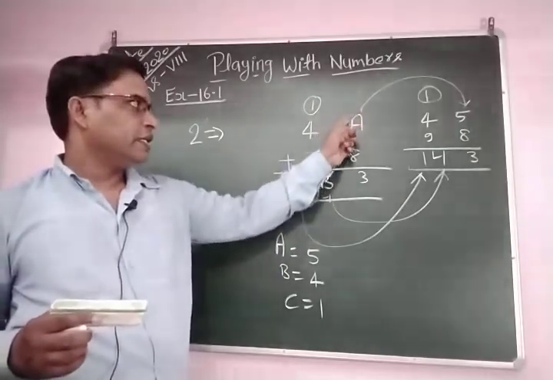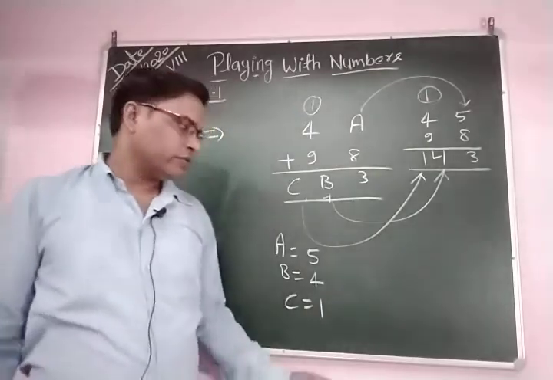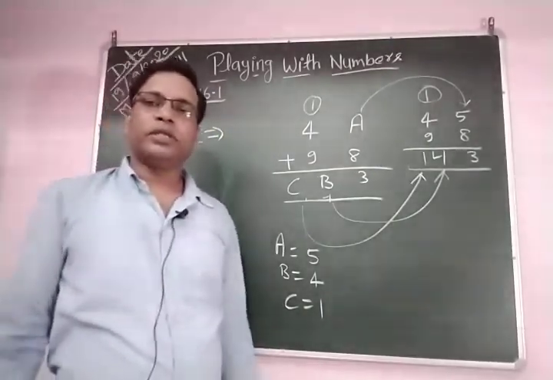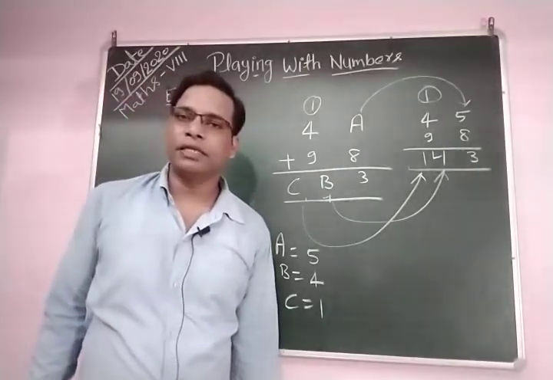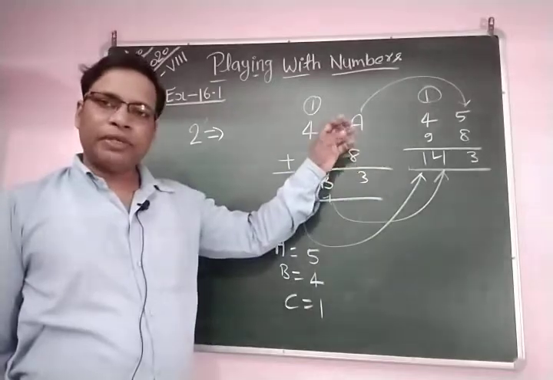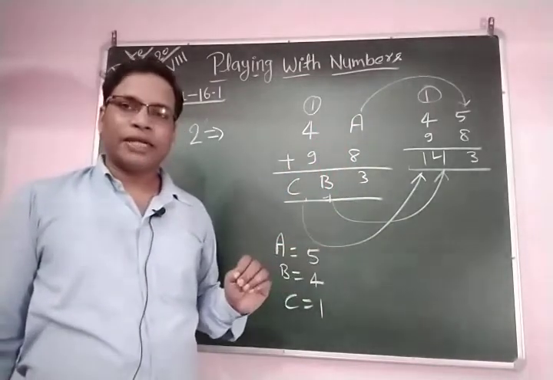So student, in this question it is given that A plus 4A plus 98, this is 98, and here A is what? A is any digit. Okay, you know what a digit is. Digits are 0, 1, 2, 3, 4, 5, 6, 7, 8, and 9. This is a digit, and the value of A may be 0 or 9, whatever. So how can you find it?